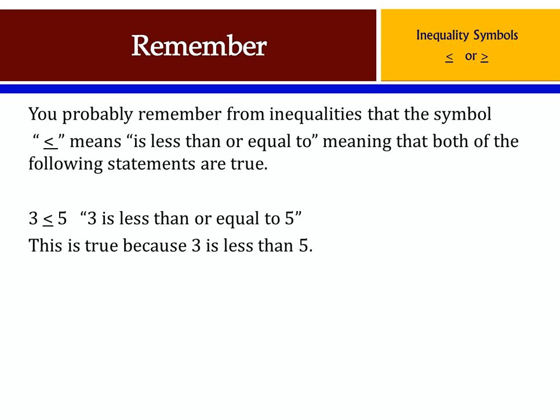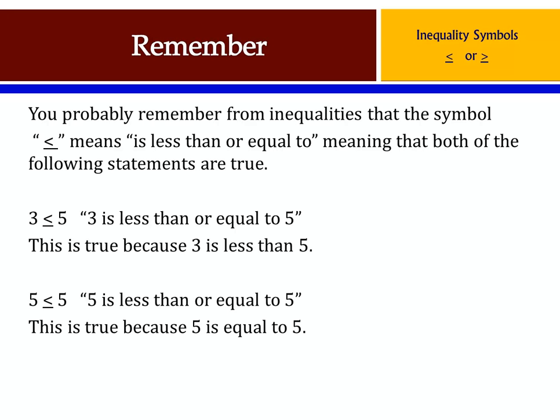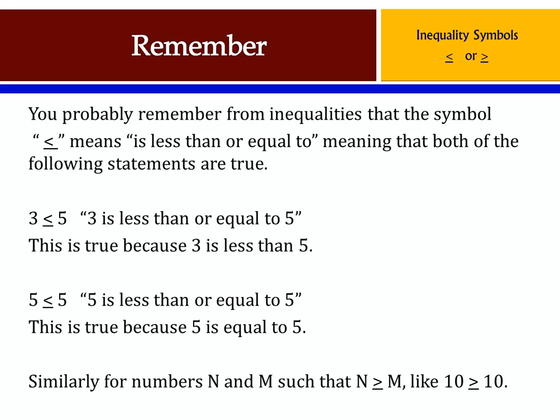And this is true because 3 is, in fact, less than 5. 5 is less than or equal to 5 is true because 5 is equal to 5. Although it is not less than, it is equal, so it's true. And just like 3 is less than or equal to 5 is not equal to 5, but the statement is true because it's less than 5. And this would be similar for numbers using the greater than or the greater than or equal to symbol as well.